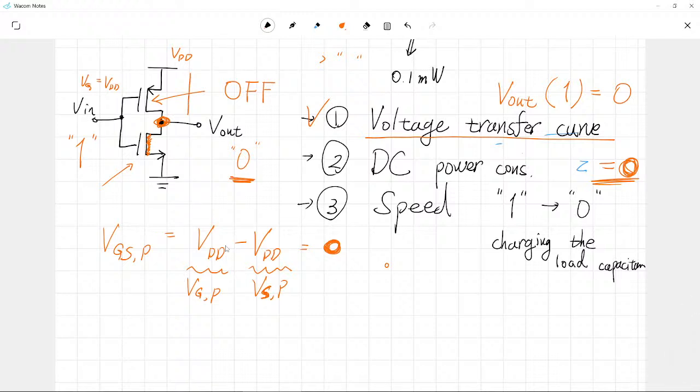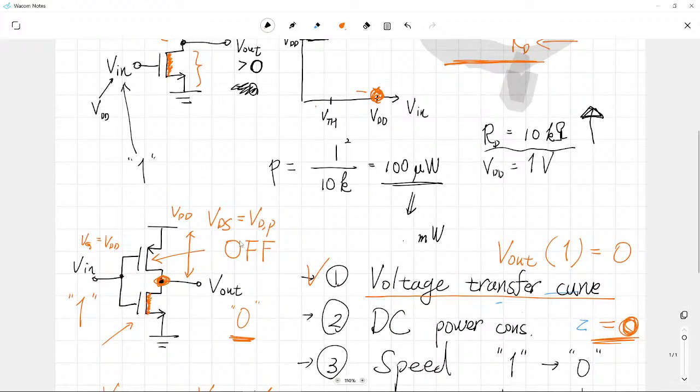In the case of our PMOSFET, VDS is actually quite high. When we calculate VDS, our drain voltage is 0 and the source voltage is given by VDD. So our VDS value is just given by minus VDD. That is the highest value which can be applied to our PMOSFET.